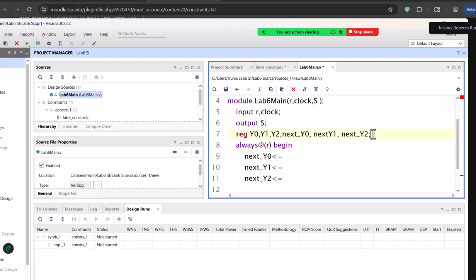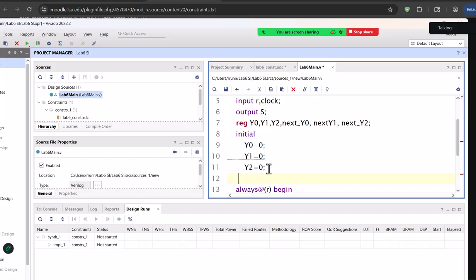And I'm going to initialize them to be 0. This is not considered good practice, but I don't know how else to do it. I guess I could make them equal to 0 in the definitions. I don't know if you need to do that or not, and I don't know if it would work just the same as putting equals 0 right here.